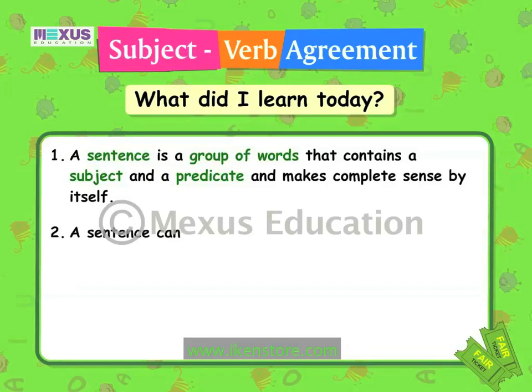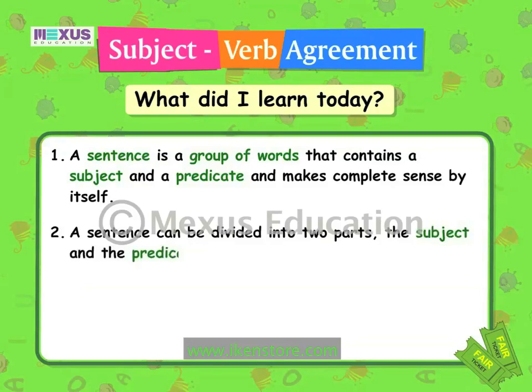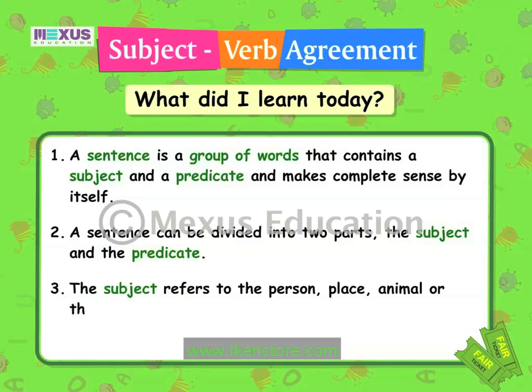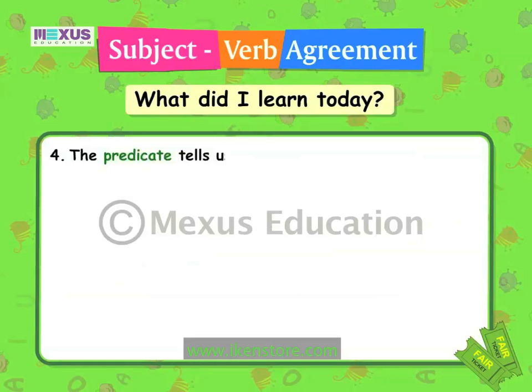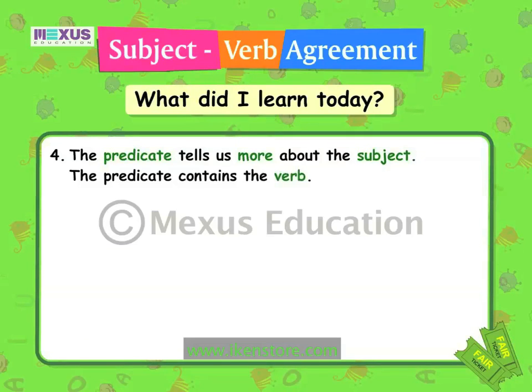A sentence can be divided into two parts, the subject and the predicate. The subject refers to the person, place, animal, or thing being spoken about in the sentence. The predicate tells us more about the subject. The predicate contains the verb.